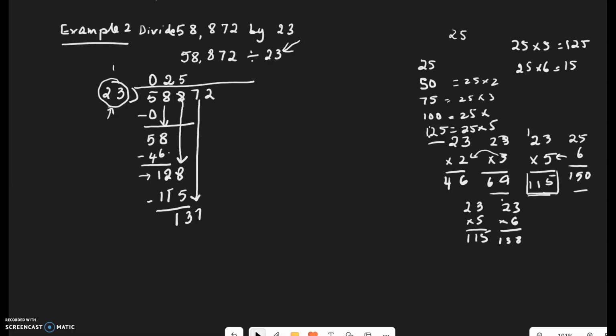It's 138. 138 is too large because that's a 137. So 23 times 5 again is 115. 7 minus 5 is 2. 3 minus 1 is 2. 22 is the remainder.